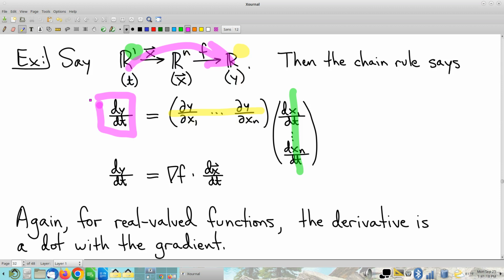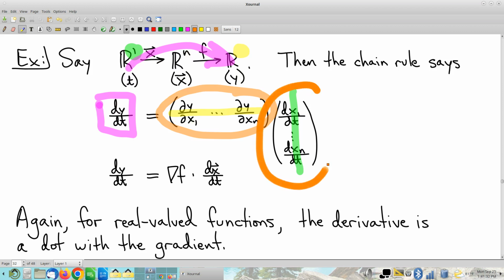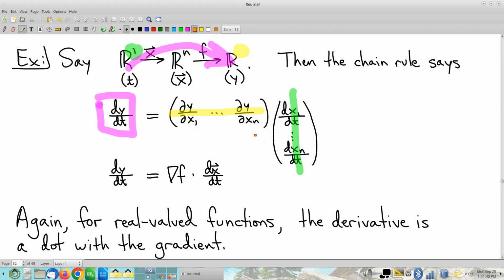The other thing that's convenient is that multiplying a single row matrix times a single column vector is pretty literally a dot product. So I can reimagine matrix multiplication with a single row matrix as being equivalent to a dot product with the corresponding vector. And that corresponding vector is just the gradient of the function.